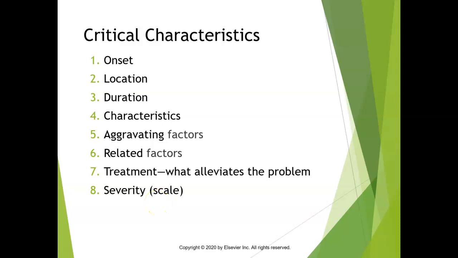So the P is pain, Q is the quality of the pain, R is does it radiate, what relieves the pain, S is any other symptoms that go along with it, T is the timing of the pain, and U is your understanding of what's going on and how it's affecting you. So that's another acronym that you'll see in other textbooks.